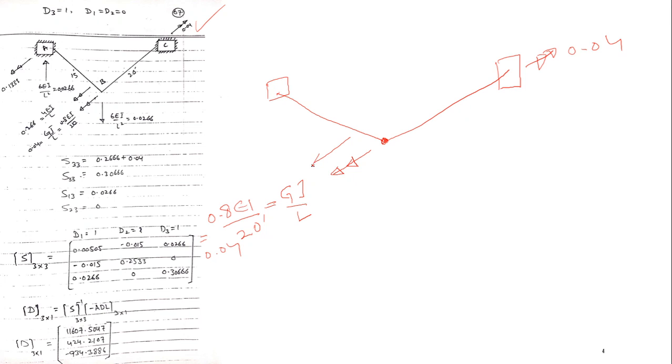But there would be a moment here, and the magnitude of this moment would be equal to 4 EI by L. Means 4 EI, the length of this is 15, and it comes out to be 0.266. No need to find this, just divide 0.266 by 2.133. Done.